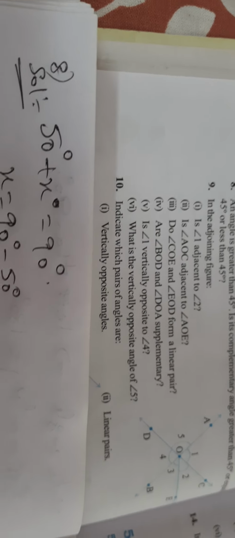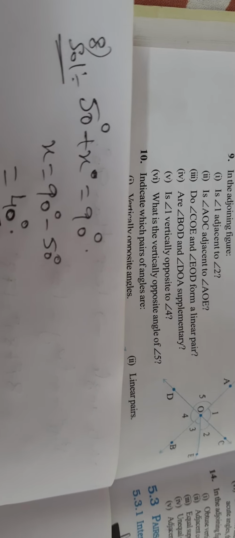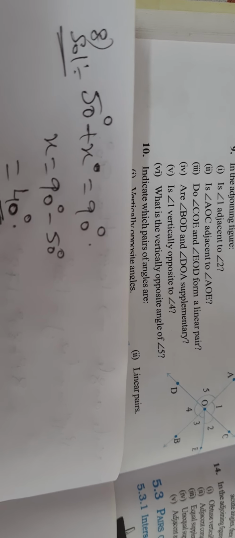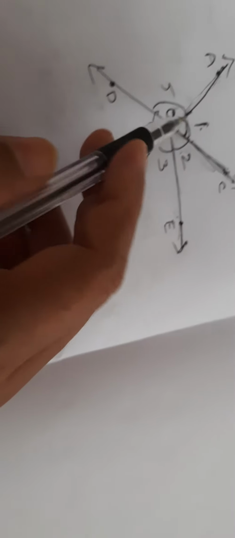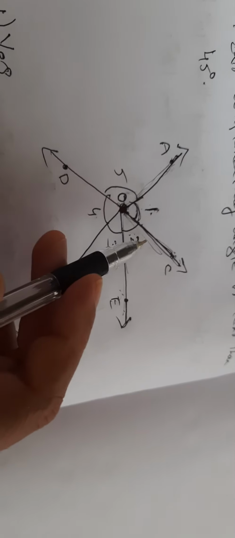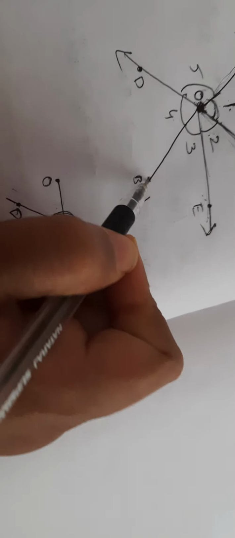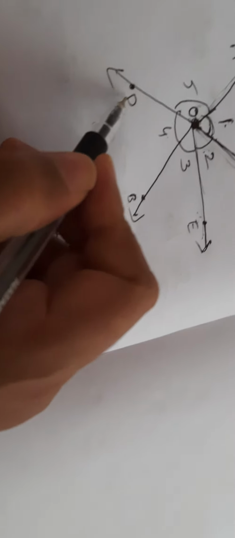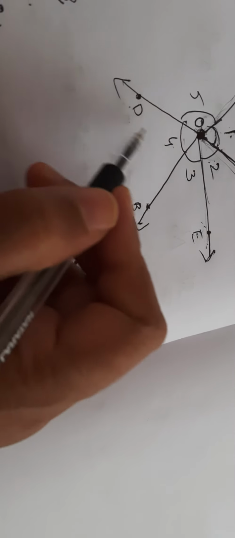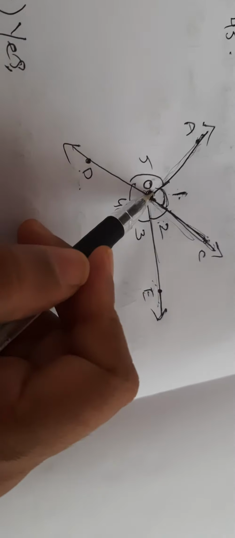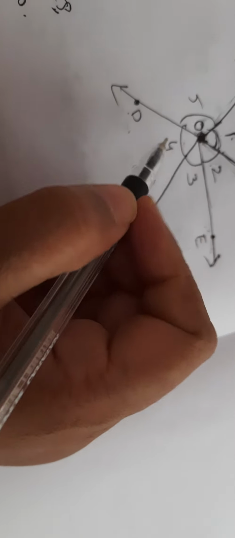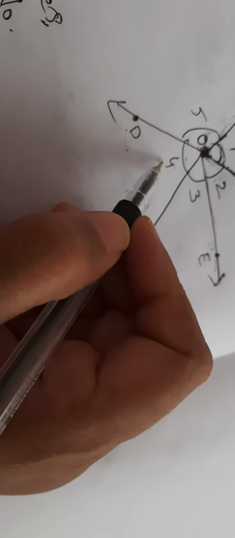Now the fourth one, you see: are angle BOD and angle DOE supplementary? Supplementary means 180 degrees. So here in the picture they are asking angle BOD. B is here, O is here, D is here. Angle BOD and angle DOA. D is here, O is here, A is here. Are they supplementary?